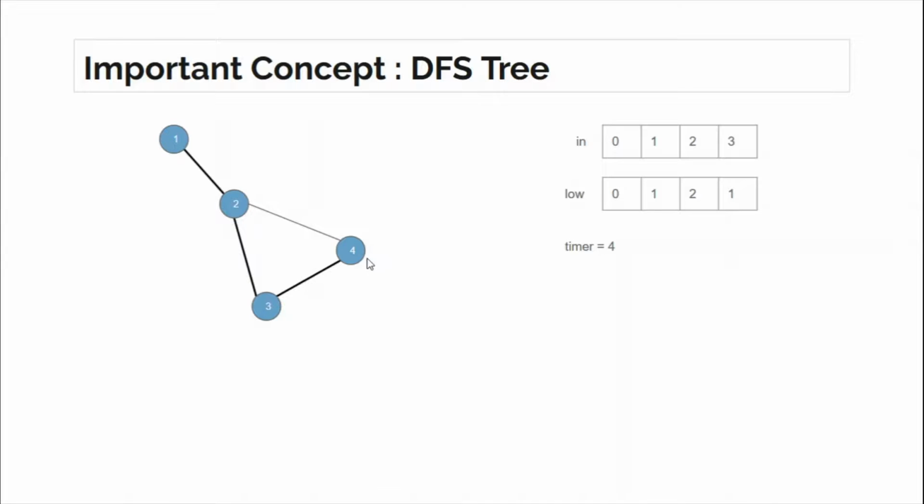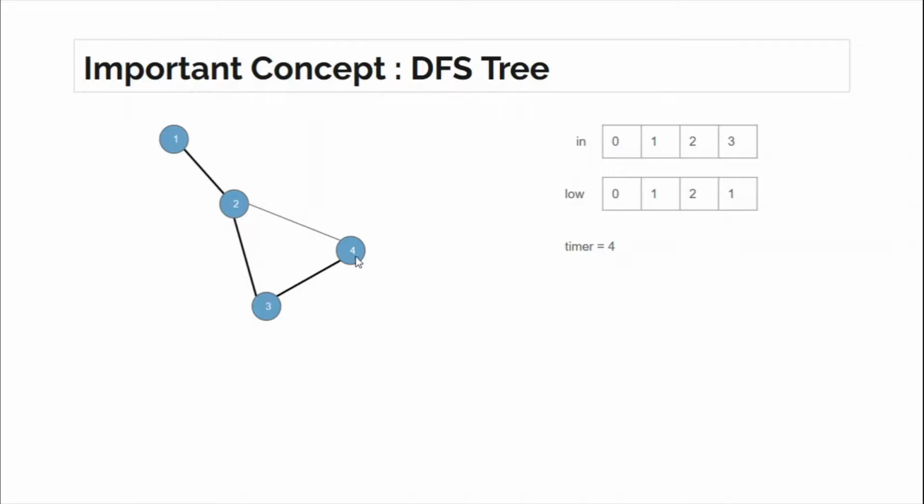And why is that so? See, the load time of node 4 is smaller than the in time of node 3, which indicates node 4 is connected to an ancestor of node 3, which means even if you remove this edge, there is a path from the root to this node, and hence this cannot be a bridge.